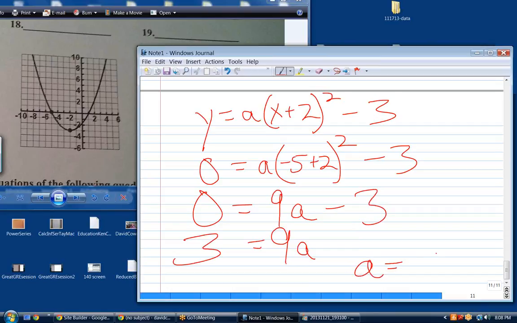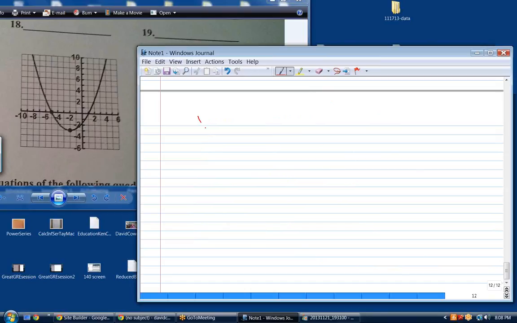And then a equals 1/3. So that turns into y equals 1/3 times (x plus 2) squared minus 3.